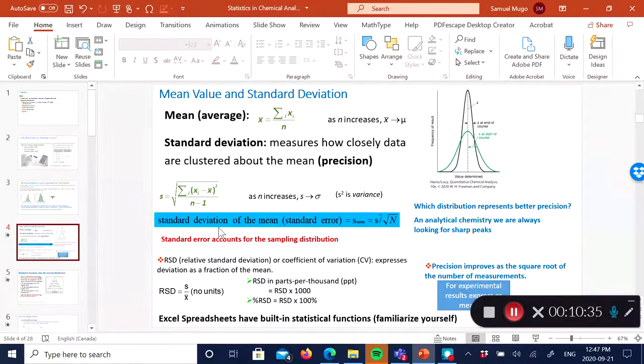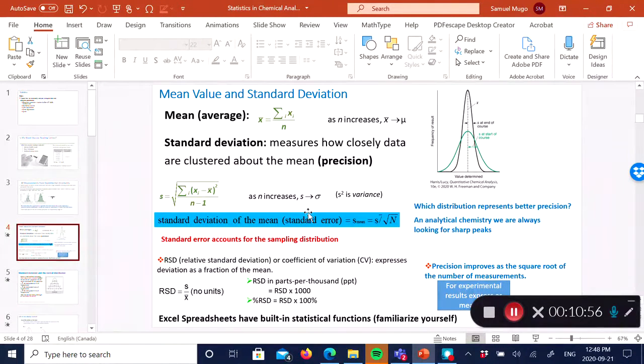Now, standard deviation is used to calculate precision, and so you can use the absolute standard deviation, but another way of quantifying precision, very similar to absolute standard deviation, is where you use a so-called standard deviation of the mean, sometimes called the standard error.